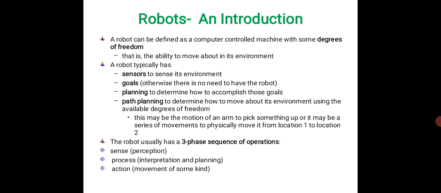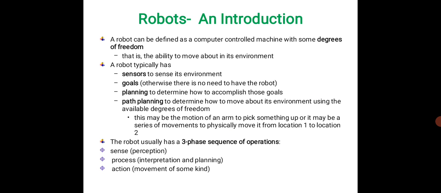Coming to an introduction aspect, how do we define a robot? It is defined as a computer controlled machine with some degrees of freedom. So, what do you mean by degrees of freedom? It is the ability to move about in its environment. So, a robot typically will have sensors to sense its environment. It will have certain goals.